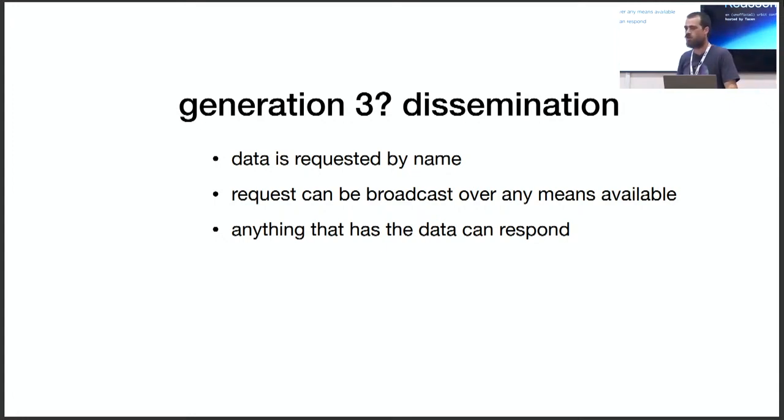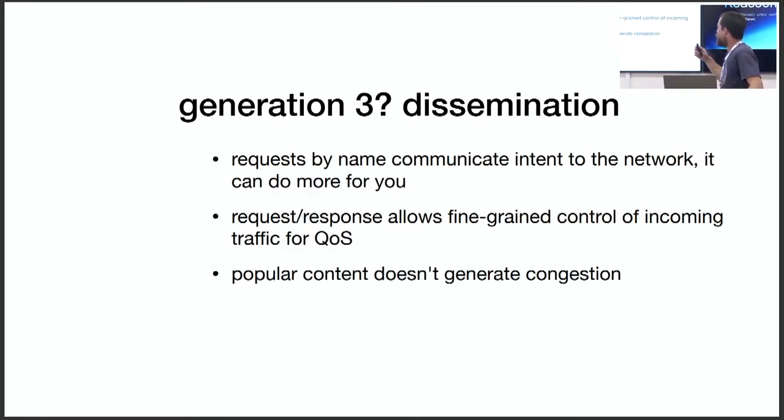But all of that could simply be in the network. So if you communicate your intent to the network, if that's legible in the data, the network can do more for you.